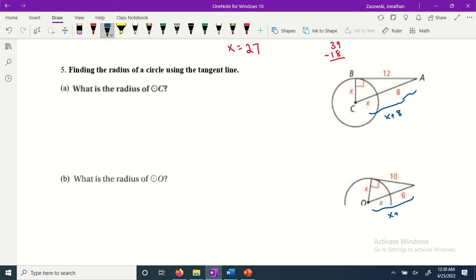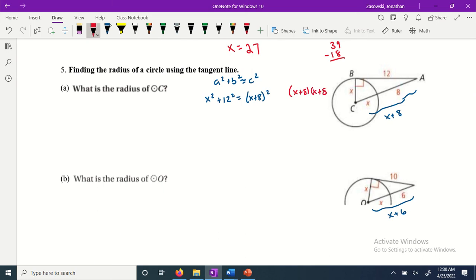So x plus 6. Let's just get the start up here. So we know that this is my hypotenuse, so if I start with a squared plus b squared is equal to c squared, and plug in, we're going to get x squared plus 12 squared is equal to x plus 8 squared, which, remember, when we see squared like this, we want to write it twice and distribute.